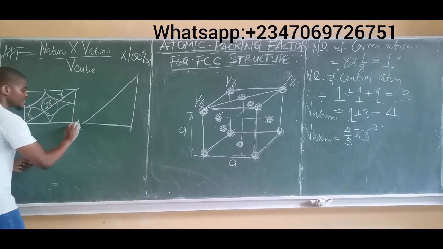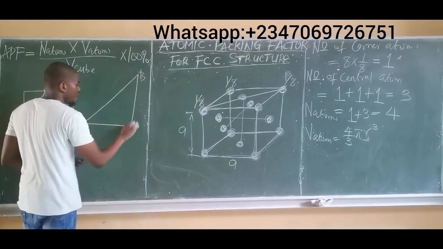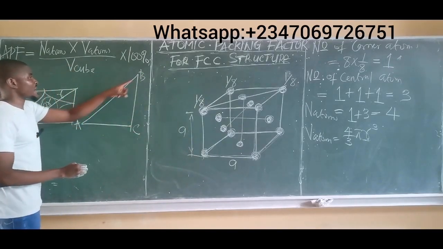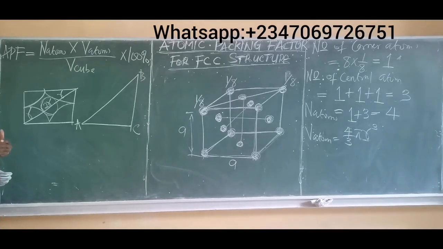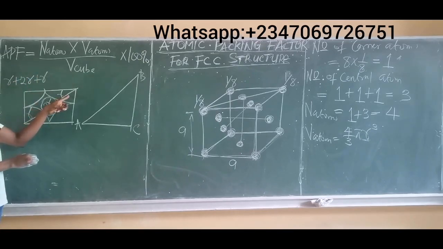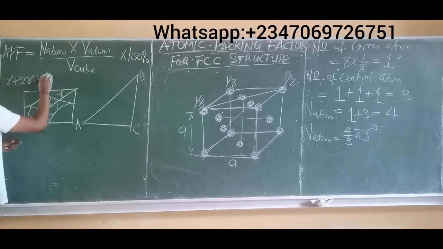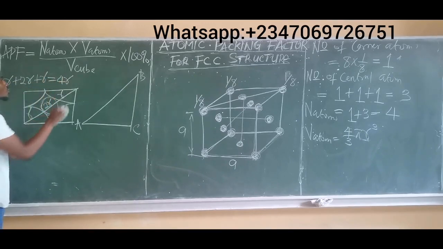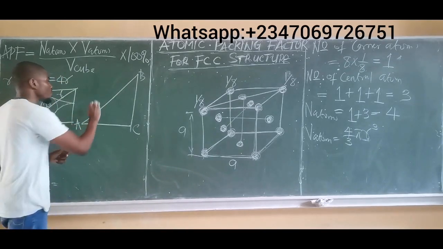Let's label it A, B, and C. The hypotenuse arm is the longest arm, which is the diagonal region or the closely packed region. If you sum them up, you have r, the radius of the first corner atom, plus 2r, the entire diameter of the central atom, plus r, the radius of the other corner atom. Adding this up together, you have 4r.